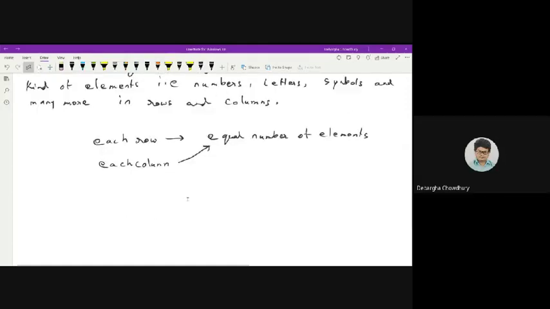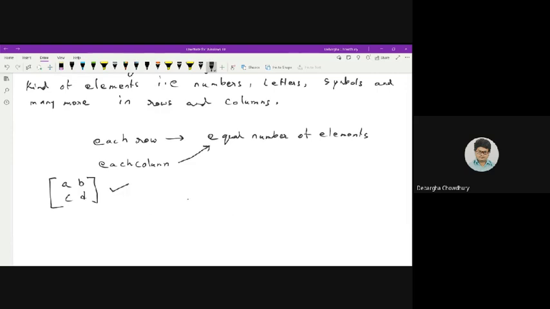Now, is this a matrix? A, B, C, D. Can you tell me? In each column there are two elements, and in each row there are also two elements, so this is definitely a matrix.